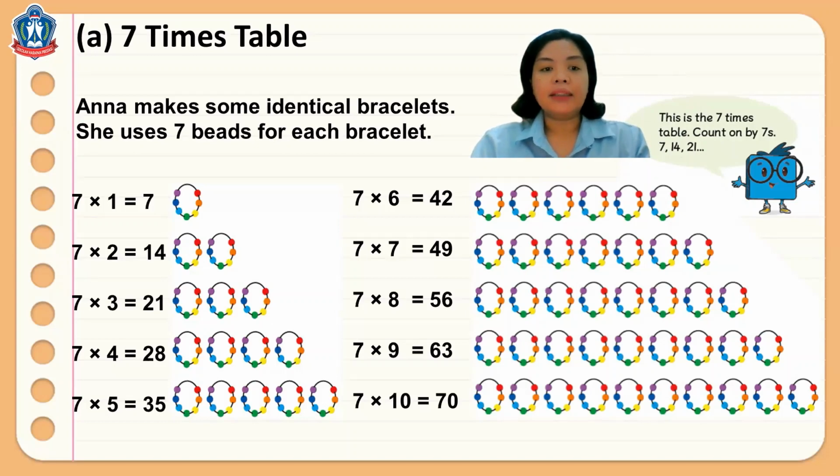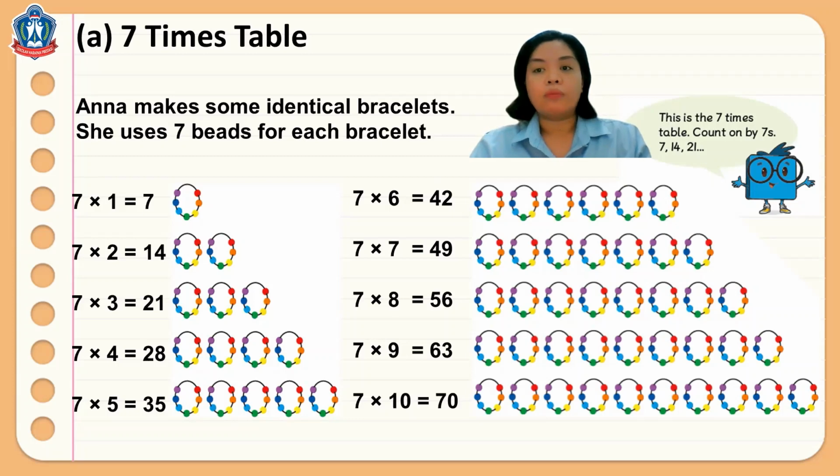If she has 3 bracelets, she will make it thrice, so she will multiply 7 times 3. So she got 21. And until she gets 10 bracelets, she has 7 times 10, and that is 70.